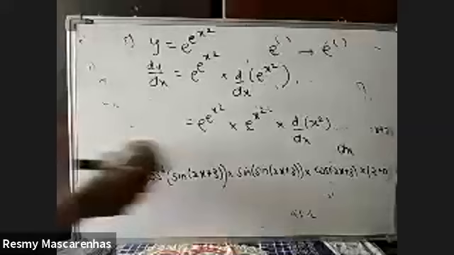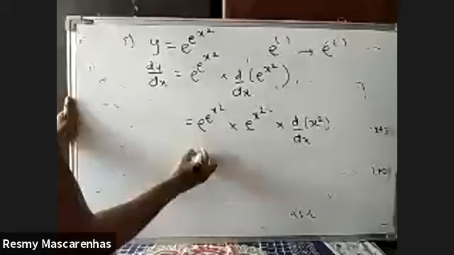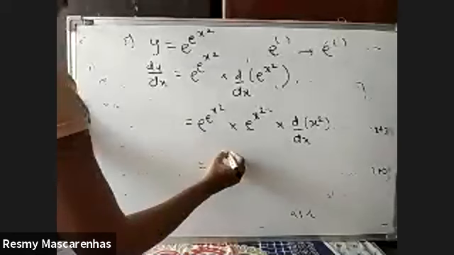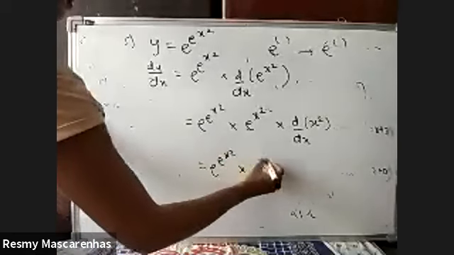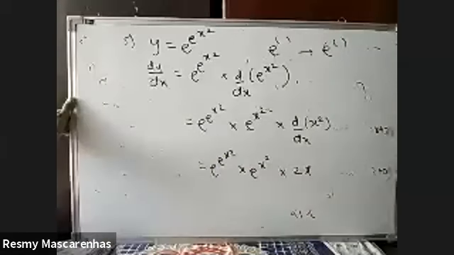So that will be our last step, and then write the answer. The derivative of x square will be 2x. So now it is over.